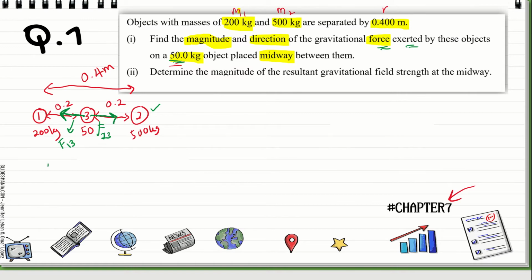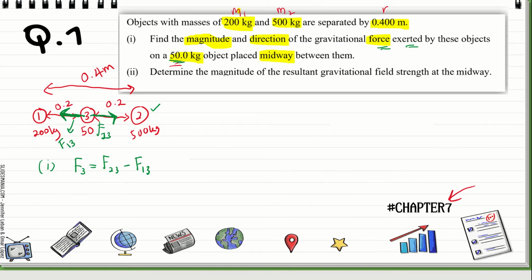So to solve the first question, find the magnitude of the gravitational force. Basically, the force acted on object number 3 is equal to F23 minus F13. So why do we have to subtract the two values? Because the directions are opposite.